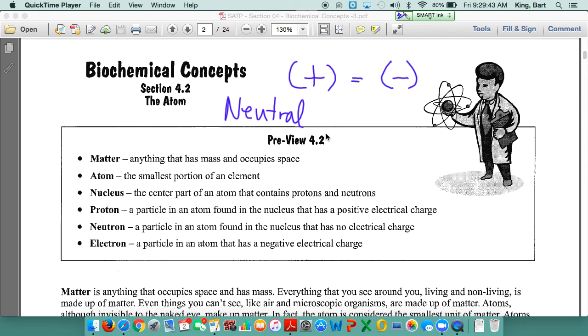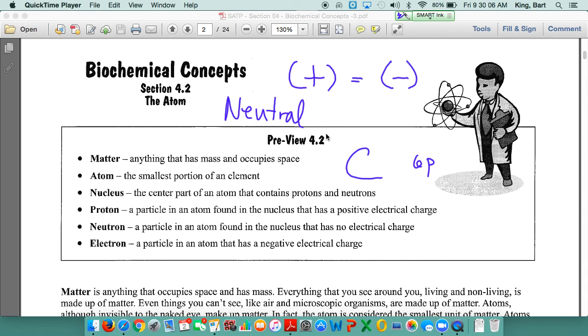So if I said carbon, the atom, has 6 protons in its nucleus, how many electrons does carbon have? 6. Because atoms are going to have an equal number of positive and negative particles.